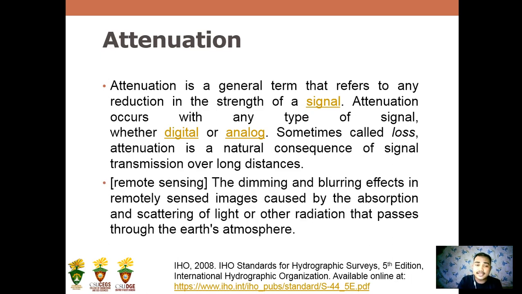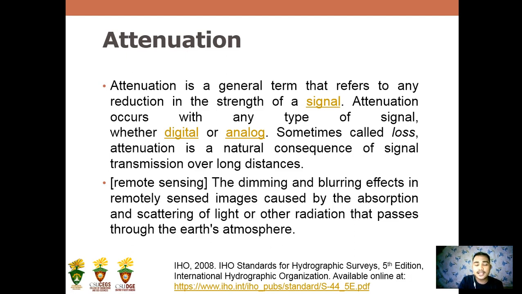And in remote sensing class, attenuation is the dimming and blurring effects of remotely sensed images caused by absorption and scattering of light or other radiation that passes through the Earth's atmosphere. So ang term na attenuation sa remote sensing is kanang blurring effect sa imong images nga ma-capture.